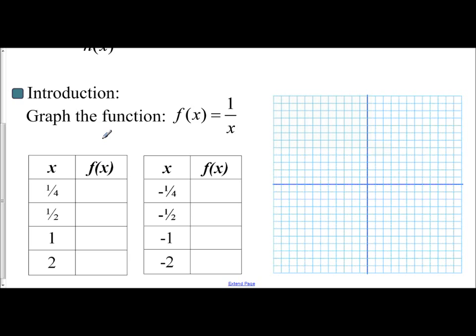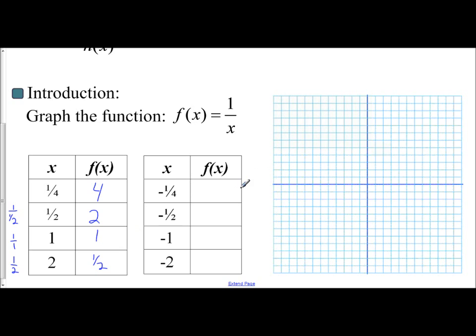So if I take 1 over 1/4, I would get 4. If I take 1 over 1/2, I would get 2. If I do 1 over 1, that'd be 1. If I do 1 over 2, that's 1/2.